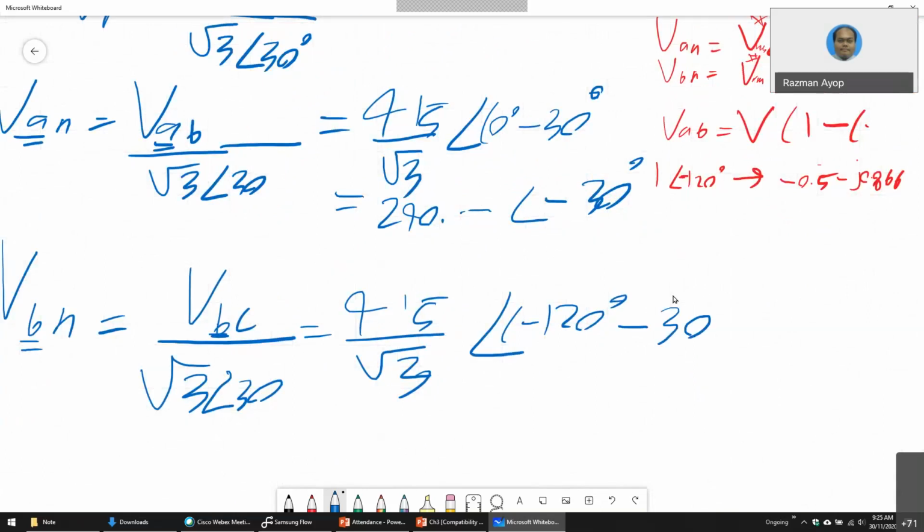Remember, divide will become minus. If multiply, must be plus.